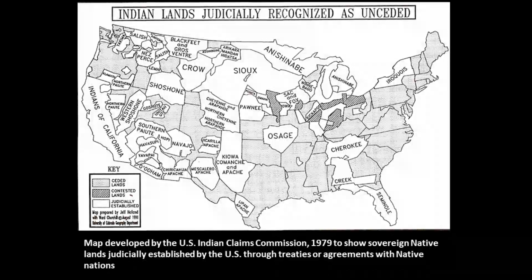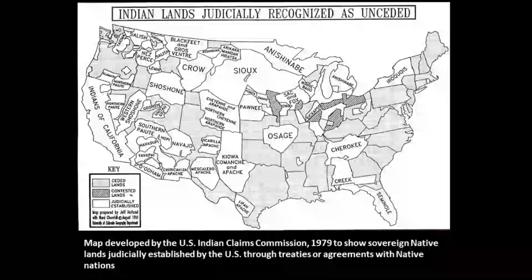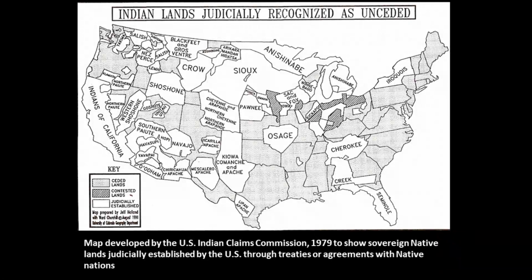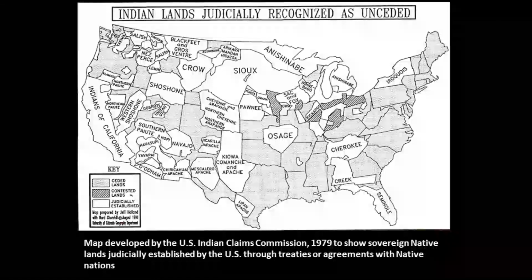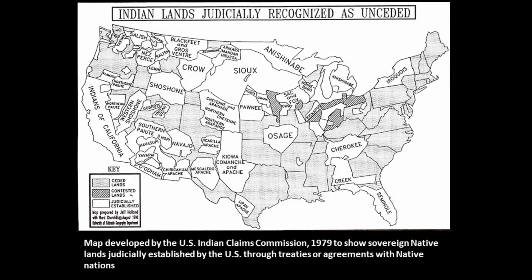So this is a map that was drawn by the Indian Claims Commission as they were seeking to negotiate and finalize treaty negotiation promises. And what it's showing you is that basically everything in white on that map, the United States itself recognizes they have no legal claim to by their own treaties, that all of those areas in white, their treaties recognize as still being those of those Native nations.